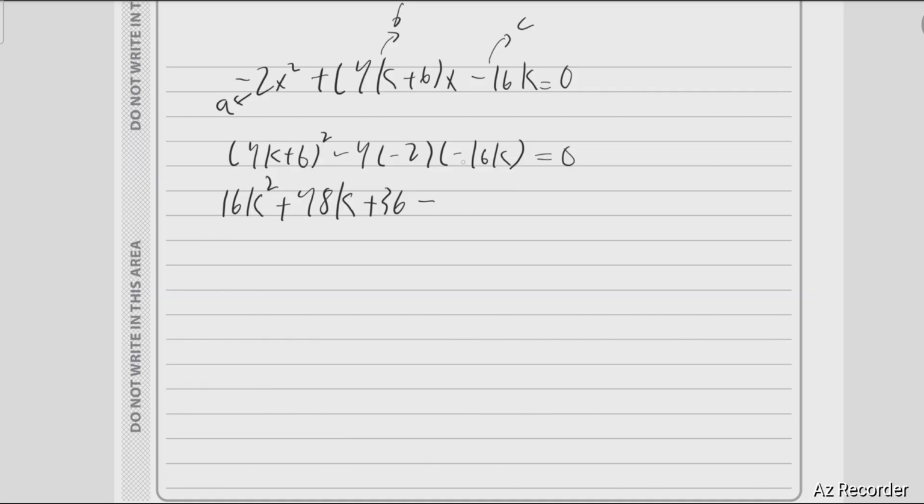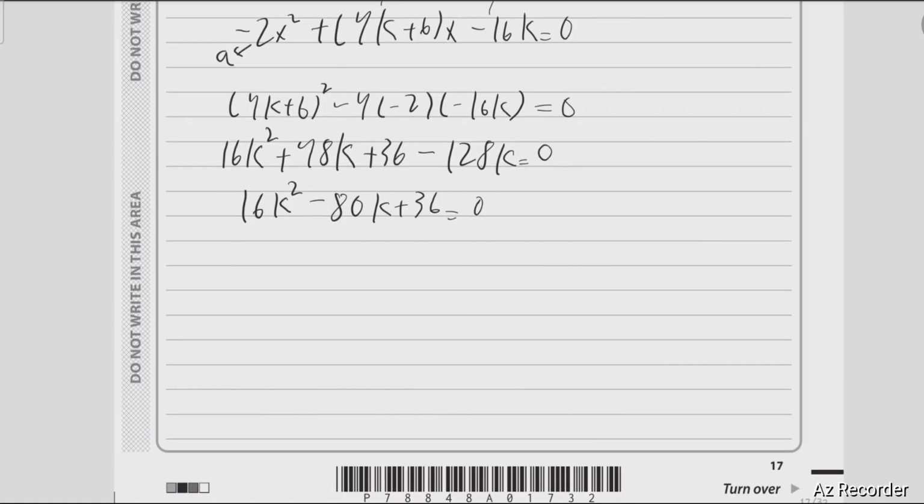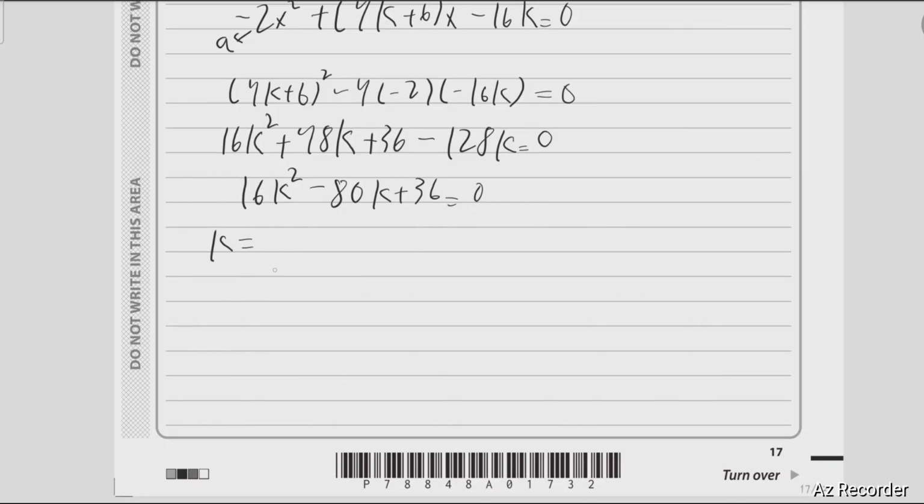Minus, because of 3 minuses, it will just say minus. I'm going to just use the calculator. Minus 128k. So 16k squared, 48 minus 128 is minus 80k, plus 36 equals 0. To get k, we just use the quadratic formula.